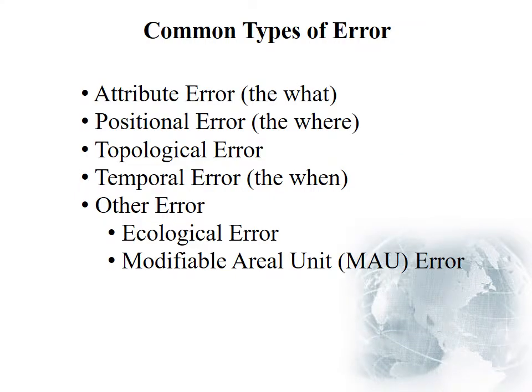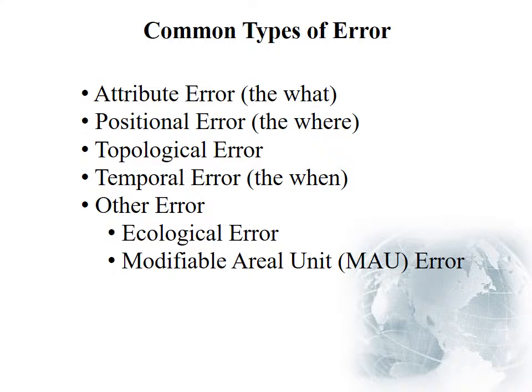So, what are the kinds of error that we run into out there in the world? Here's a short list of them, but some of the more important ones in some of the larger categories. Attribute error, what is it? Positional error, where is it?